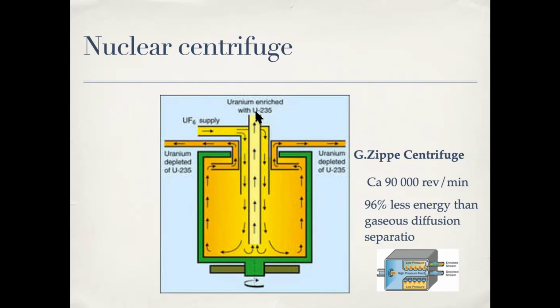And at each step it is enriched a little bit more, a little bit more, and a little bit more. And this whole process is extremely technically complicated, and that construction is usually called the Zippe centrifuge, and it has a remarkable history.